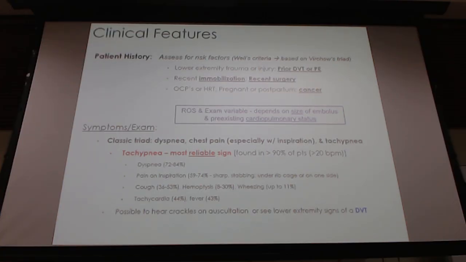But a respiratory rate of 32, that's 1 point up. That means on your little moving A to B differential, maybe we've just moved PE up a little bit. It gets an extra point. It's very reliable. Most patients will have a respiratory rate over 20. In most cases, it's probably going to be closer to 30.